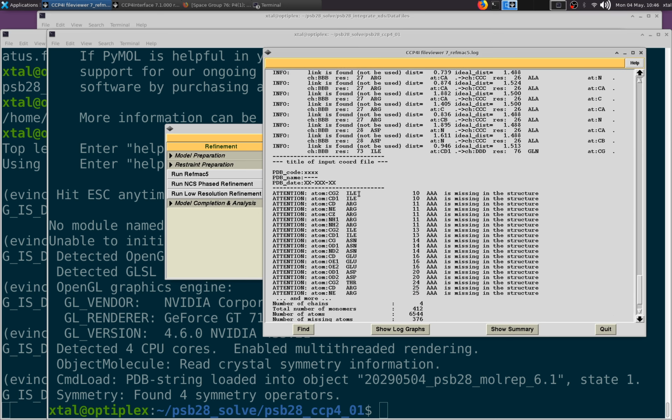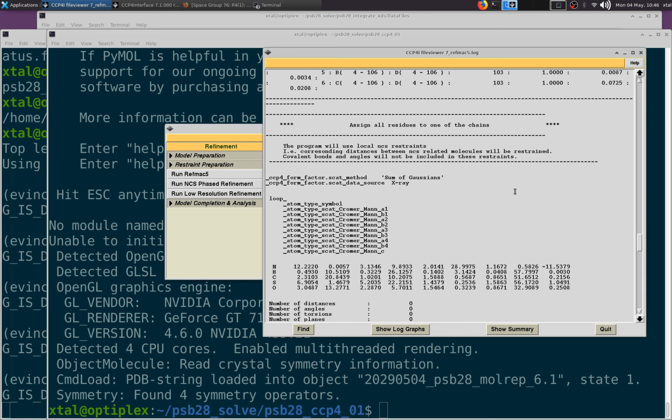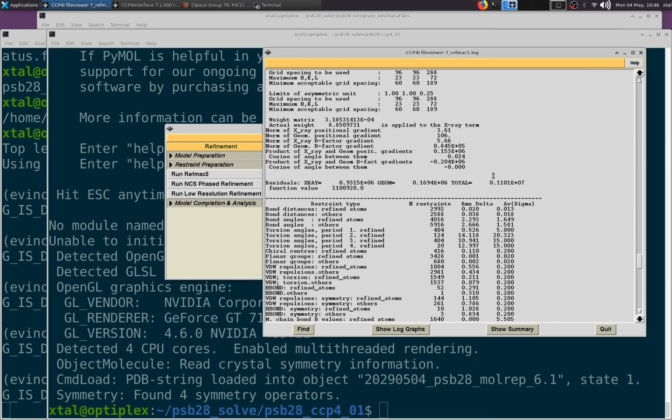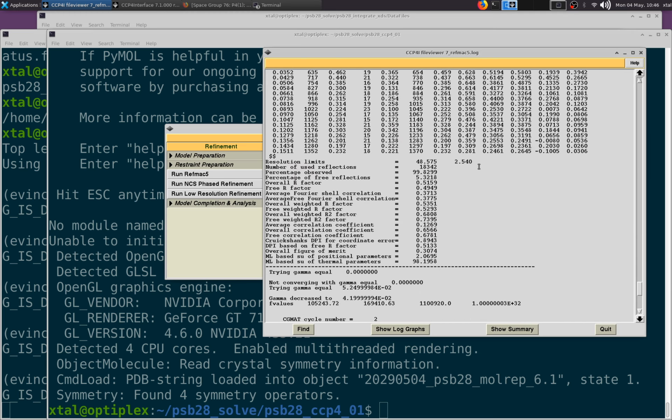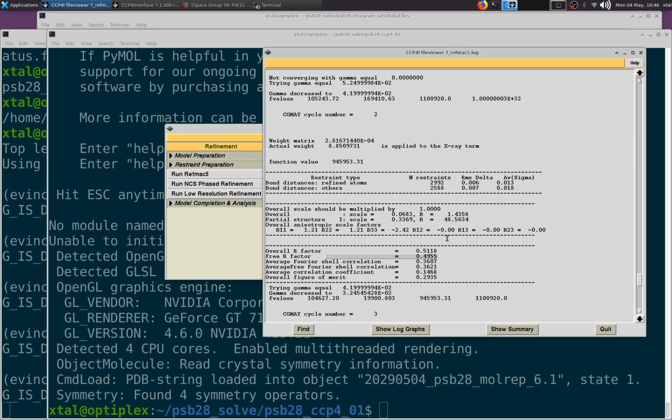So for example, C gamma 2 of isoleucine 10 is missing in the structure and more. So you see up there, that was many more complaints, and our free R factor is, after 2 cycles, 49.5%.